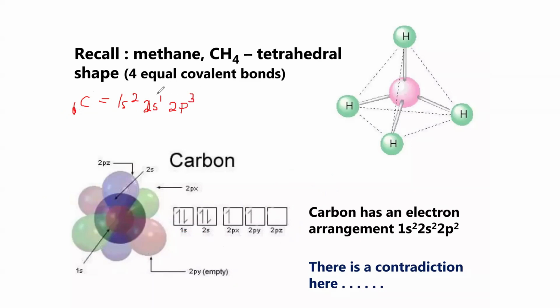So it means that one electron from 2s is being transferred to p because they have equal energy levels. There is a chance that electrons can be transferred from one orbital to another of the same energy level. So we have only one pair of electrons here in 1s, and then we have three boxes here, 1, 2, 3.